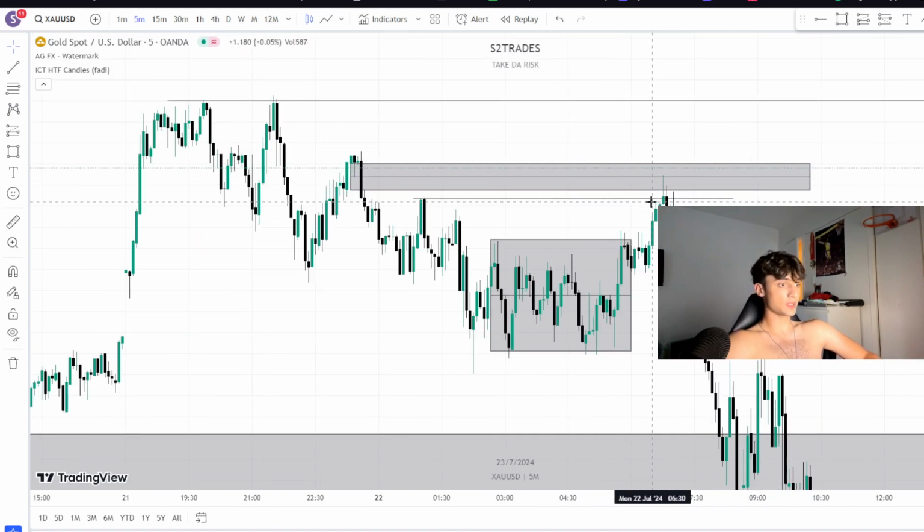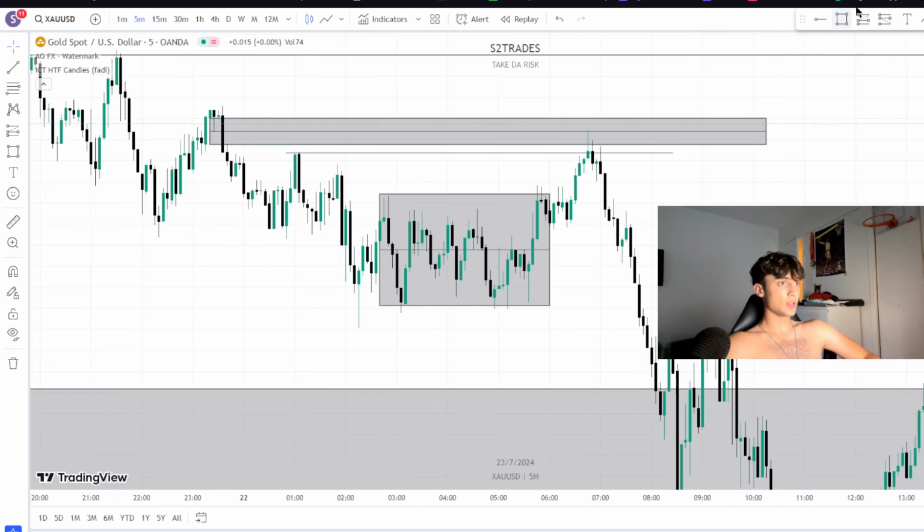This would have been the trade I would have taken, except I don't think I trade at this time. And then boom, inverse the fair value gap right here, and I would have traded off this candle inverse, or if I wanted to be a little more conservative, I would have waited for this break of structure.